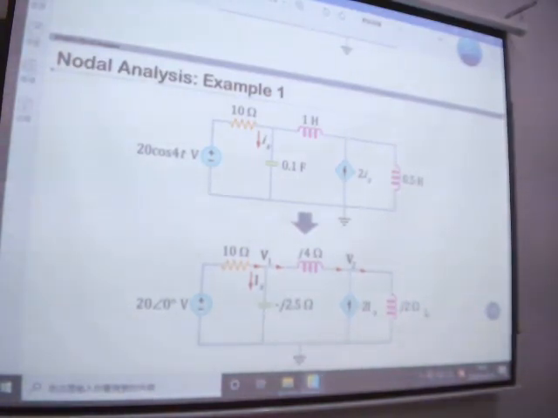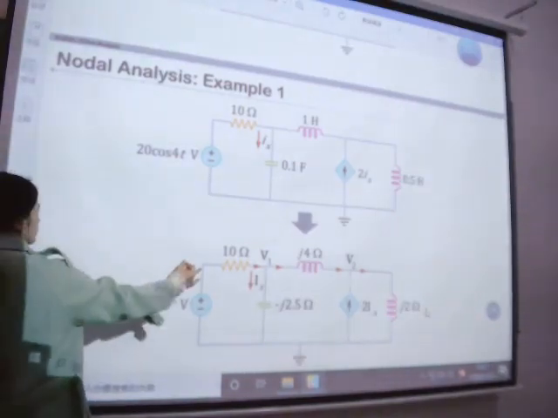...equals I2 plus I3, right? And you just need to calculate I1, I2 and I3. So for I1, we know it is the current that goes through this branch, right? And we already know the voltage at this point.